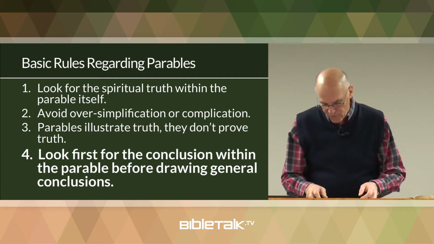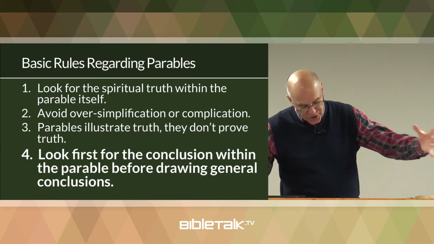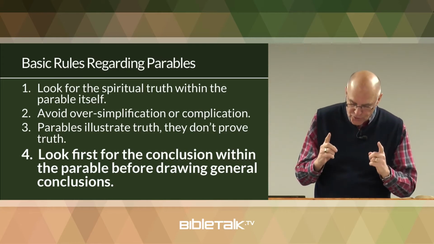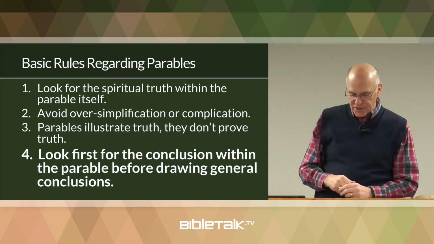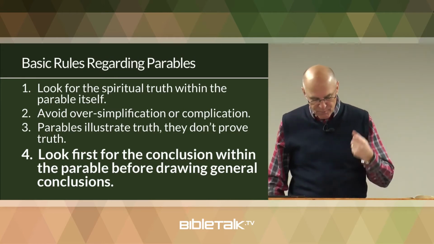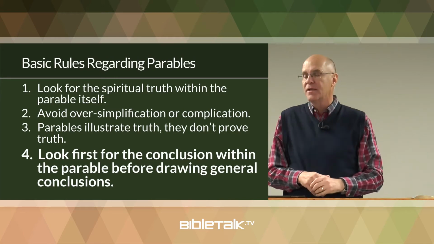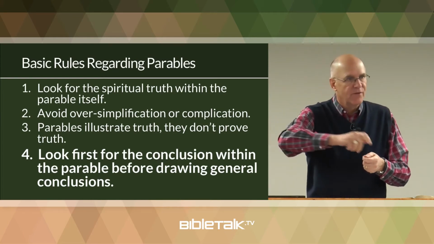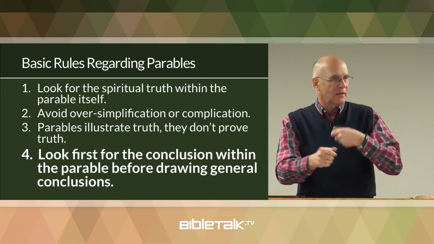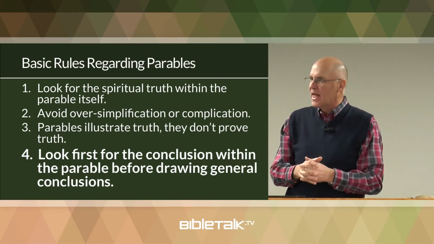In Mark chapter 12, verse 12, it shows the religious leaders who begin to draw a correct conclusion that the parable Jesus was talking about, the wicked servants beating and killing the master's son, the master would send different servants to go and try to collect what was his. They beat and kill, and eventually they kill his son.